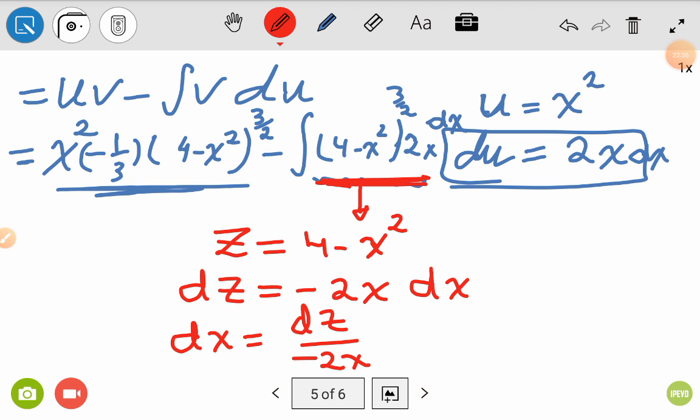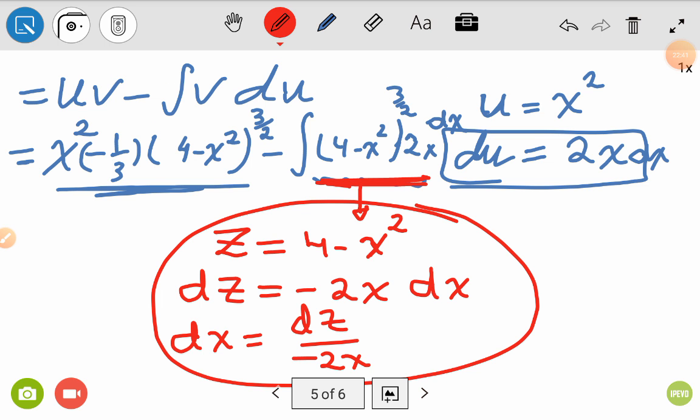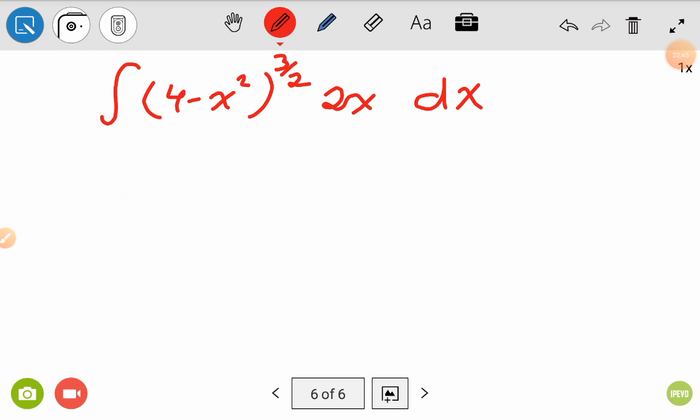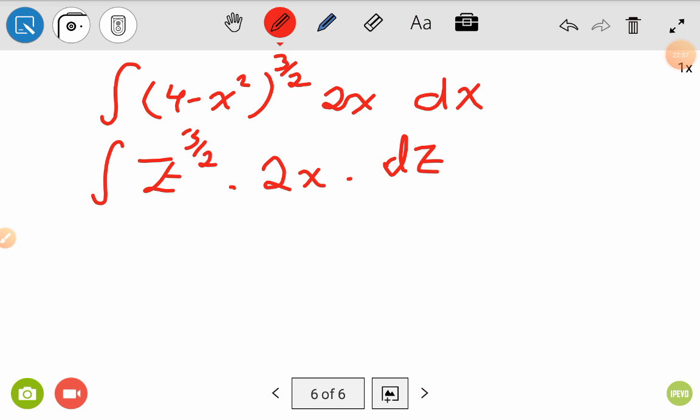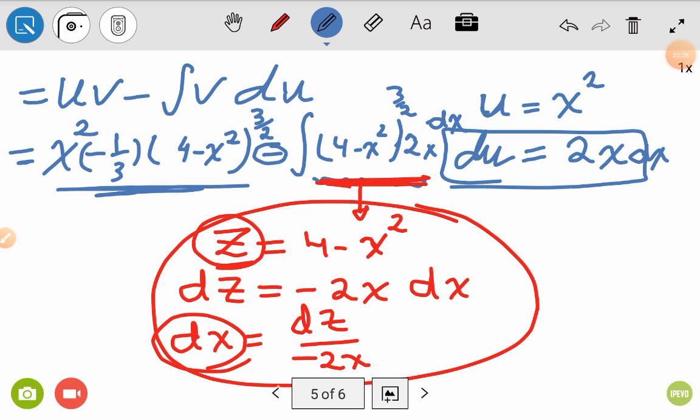We said here that this is the dx and this is the z. So it's here z to the power of 3 over 2 times the 2x, same, but dx is dz over negative 2x. Now it's so easy to cross out 2x with the 2x, and this negative will be multiplied by this one.